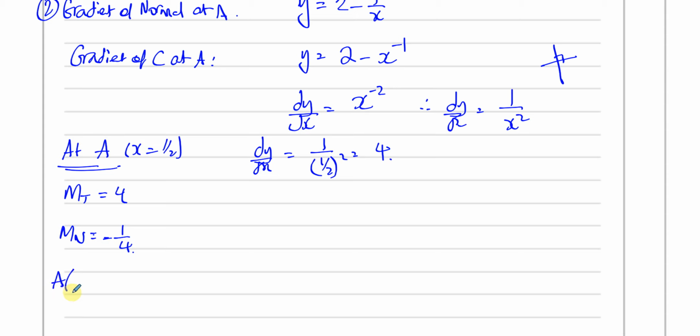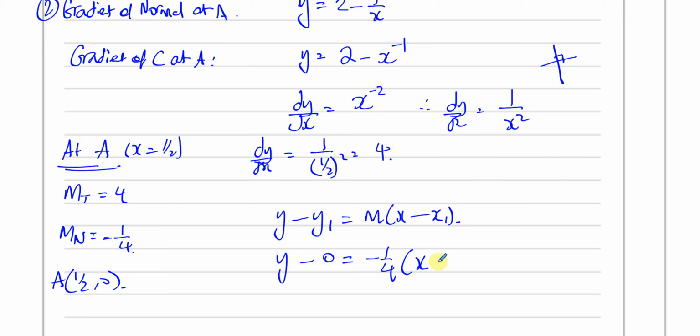So I know that I have enough information now to find the equation of the line of the normal. I know the gradient of the normal, I know a point that it passes through, so I can use y minus y1 equals m times x minus x1. So I have y minus 0 equals m, which is minus a quarter, times x minus a half.